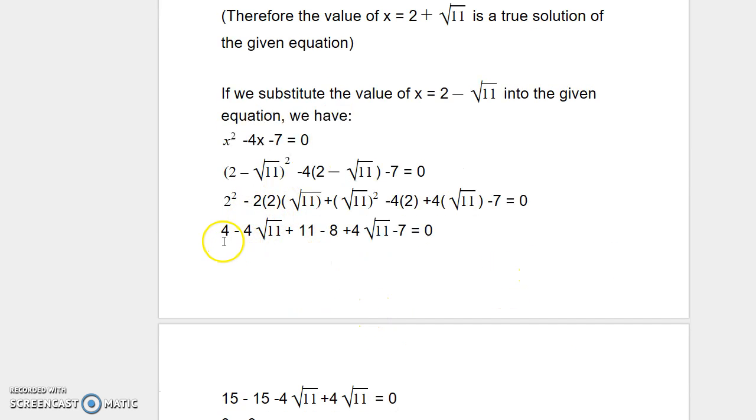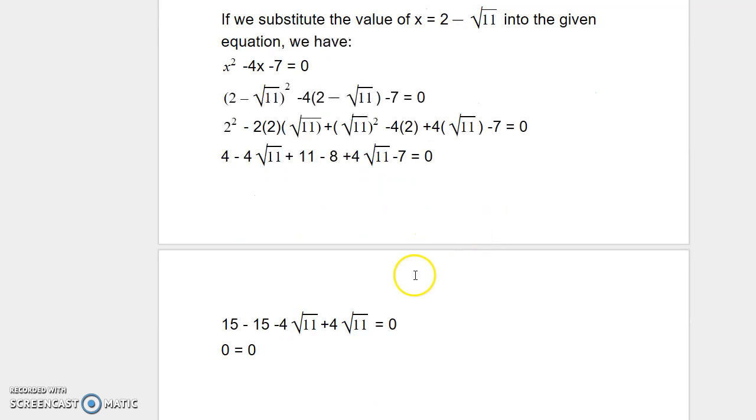So 2 squared is 4, minus 2 times 2 is 4 square root of 11, plus square root of 11, the whole raised to the power of 2 is 11, minus 4 times 2 is 8, and then we have plus 4 square root of 11, minus 7 equals 0. Now we're going to put all of these things together.